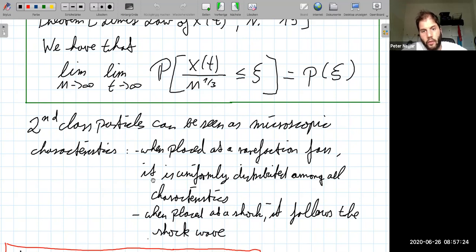For example, if you have a rarefaction fan and you initially put a second-class particle at the edge of the rarefaction fan, then the second-class particle will choose uniformly at random one of the characteristics which start from the rarefaction fan and follow that characteristic. And if you place a second-class particle at the shock, just like we do here, then the second-class particle will also follow the shock wave. Okay?